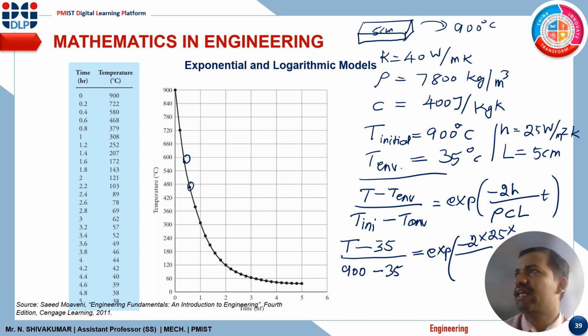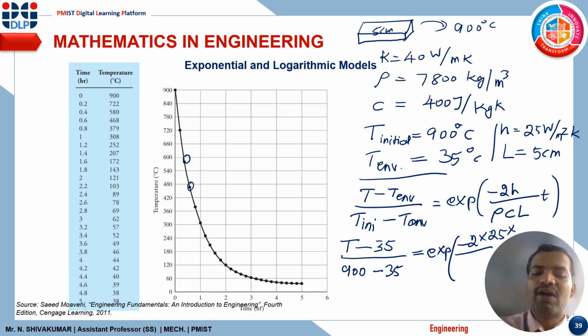It keeps on increasing like that. Small t is not an unknown, it is a variable, so it keeps on changing. Okay, so 0, 0.2 hour, 0.4 hour. We have to substitute for each value and calculate.